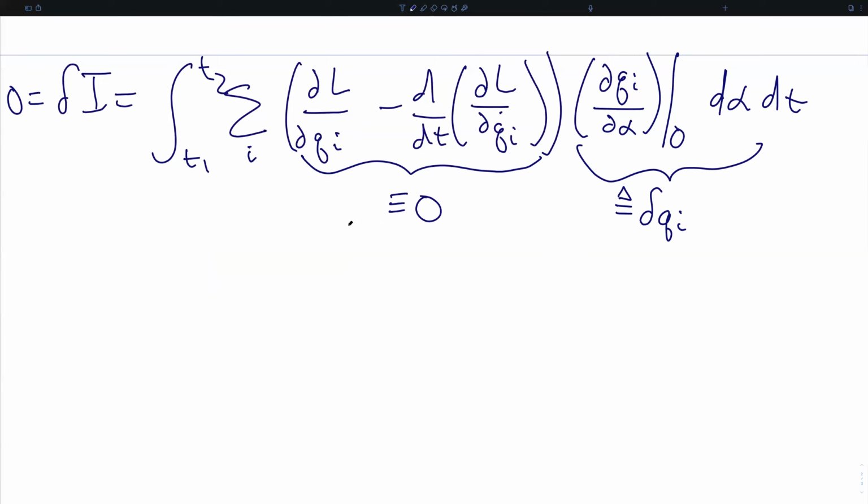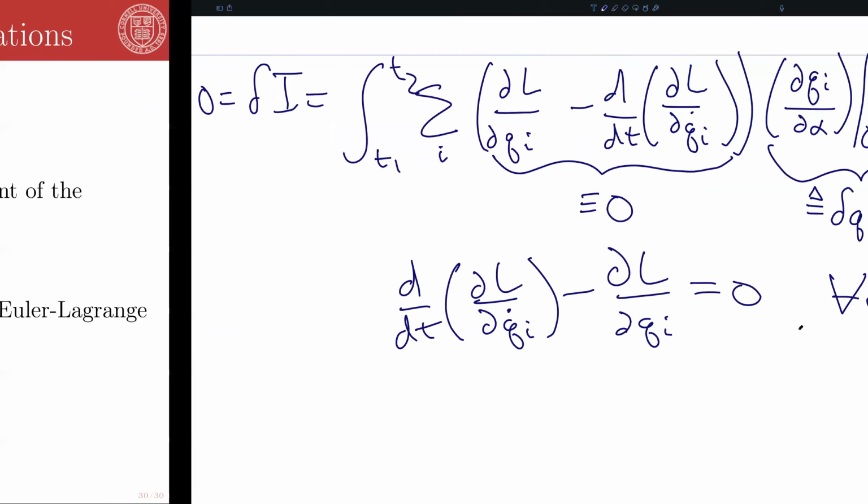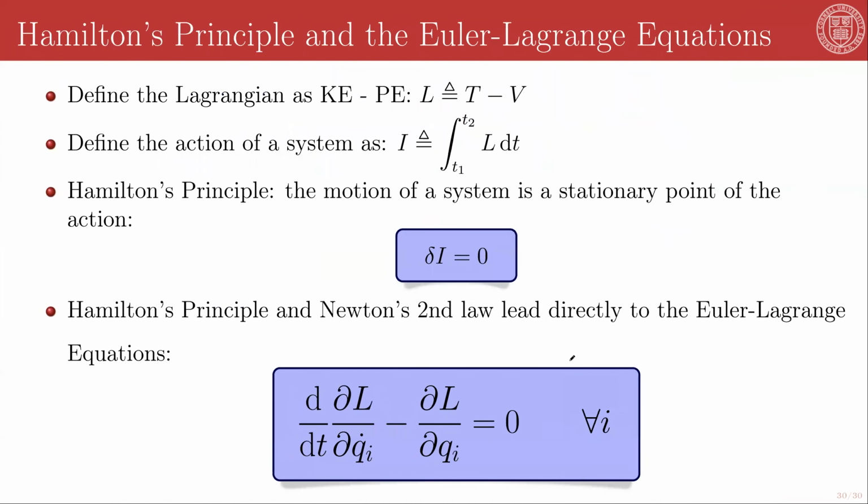And so what we can get is 3n minus k separate expressions, one for each generalized coordinate, that says that the time derivative of the partial of the Lagrangian with respect to the time derivative of the generalized coordinate minus the partial of the Lagrangian with respect to the generalized coordinate itself must be 0 for all i from 1 to 3n minus k. And this, finally, is what we call the Euler-Lagrange equations. And this is what is given here.